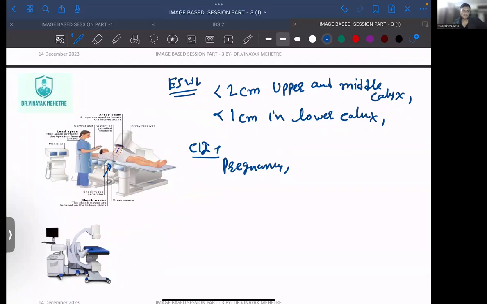Second will be infection, that is UTI. In UTI we will not do it. Second thing, we are going to expose patient to the radiation, right? If patient is taking something or it has something inside which is going to give radiations somewhere, that is called as pacemaker.